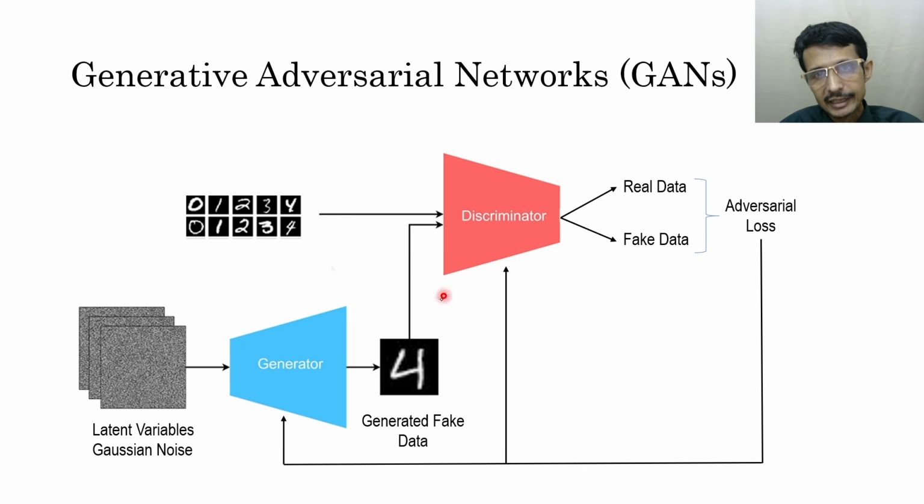When this alternating learning goes on, at the end of the day we find that the discriminator cannot discriminate between real data and generated data, which is very close to the real data.